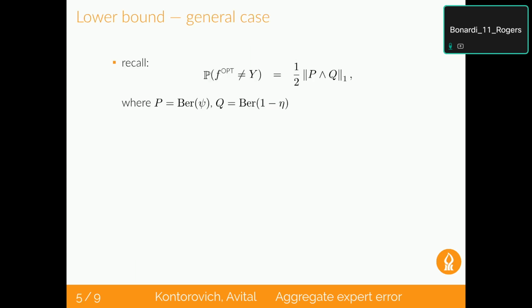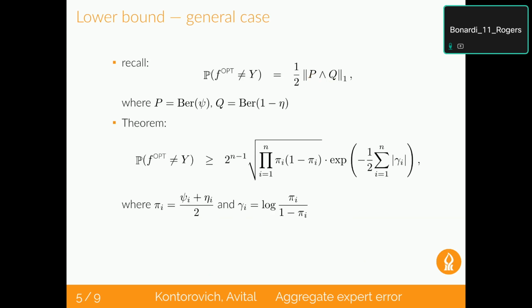Okay. Now let's look at a couple of lower bounds for this quantity. So again, we're looking at the two product measures, P and Q, and their pointwise minimum, and this L1 norm. This part is identical to the upper bound. We picked up this strange-looking factor.